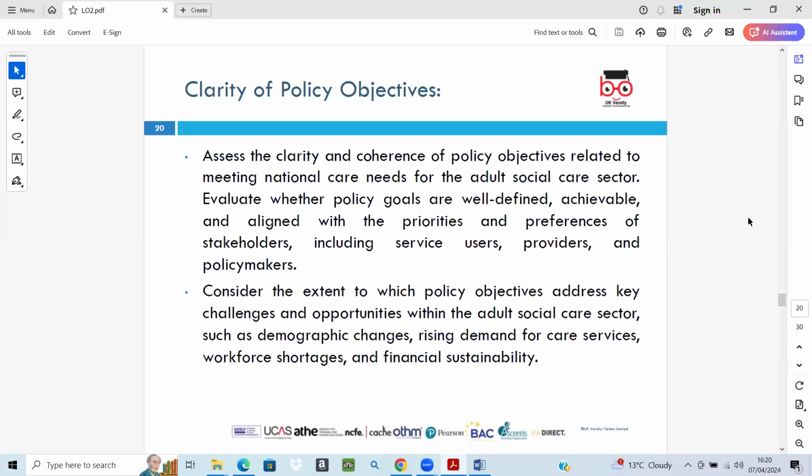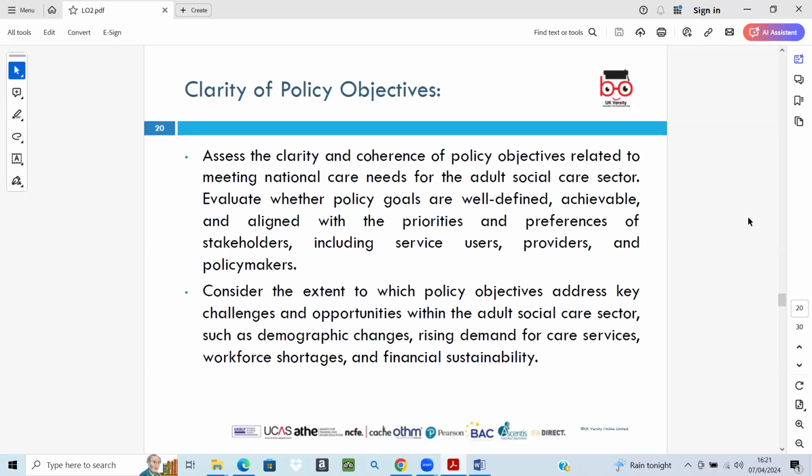And then we have to consider whether the objectives are realistic given the available resources, time frame, and constraints within the sector. So we make a chart as well, and in that we always follow: are the goals measurable, achievable? So we do that.